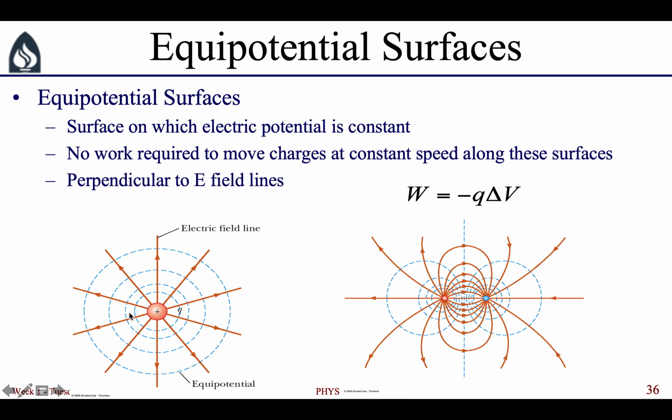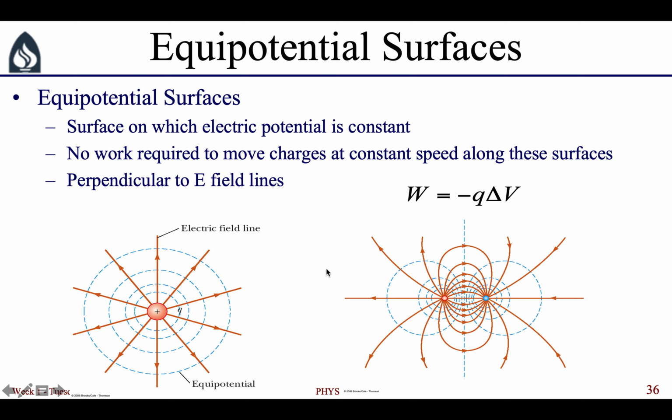And these blue dashed lines show us where lines of constant electric potential or constant voltage lie. So if you were to go anywhere on one of these circles, you would find that the potential is the same. And similarly for over here, these blue dashed lines are lines of constant voltage, constant electric potential.